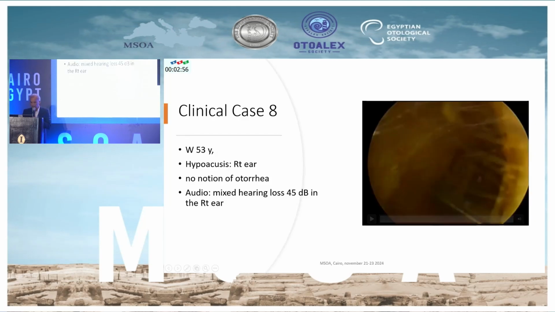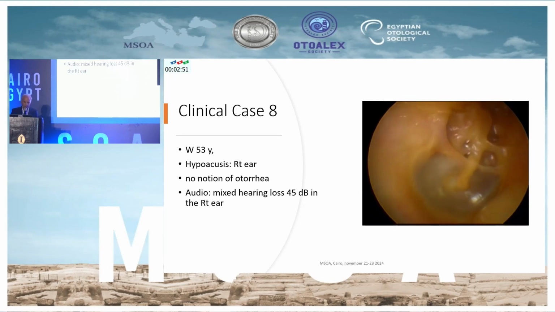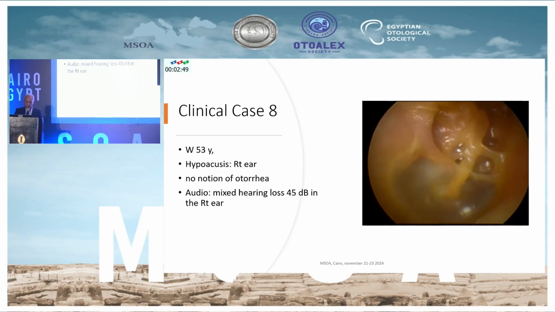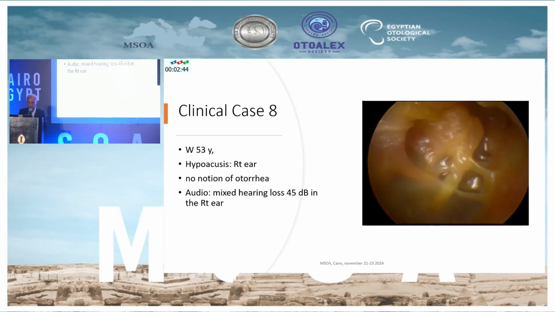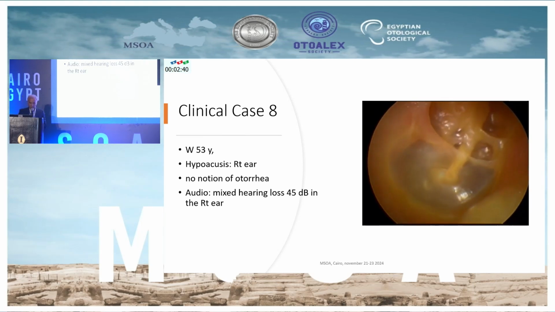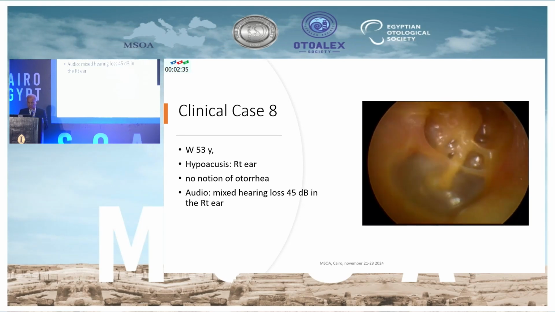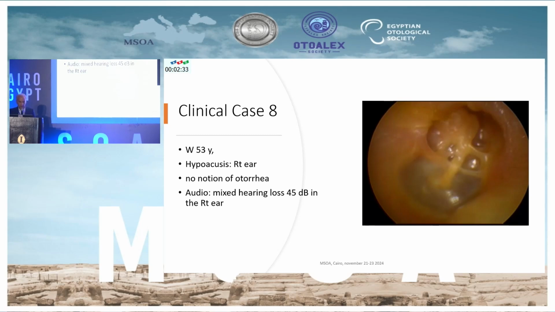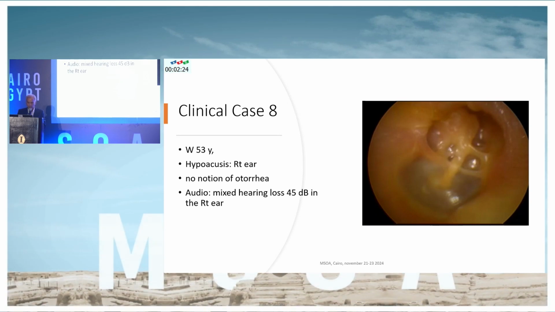The last clinical case, it's a woman who is 53 years old. She presents hearing loss in the right ear. She doesn't report any notion of otorrhea. In the audiogram, we find a mixed hearing loss at 45 dB in this ear, and the other ear is normal.